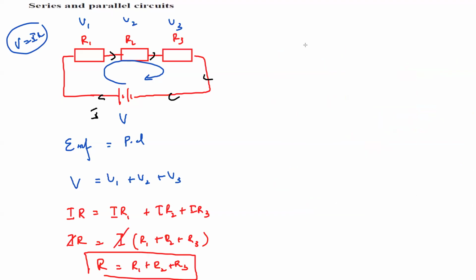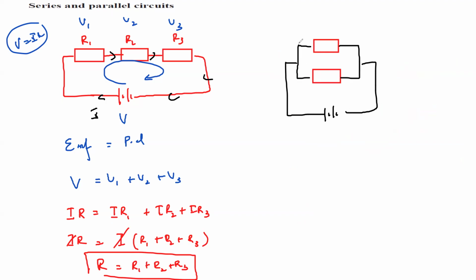If you have two or more resistors connected in parallel, and we want to find the combined resistance, this is R1, this is R2, and the voltage here is V. So the current here is I. The current will break down into branches I1 and I2.